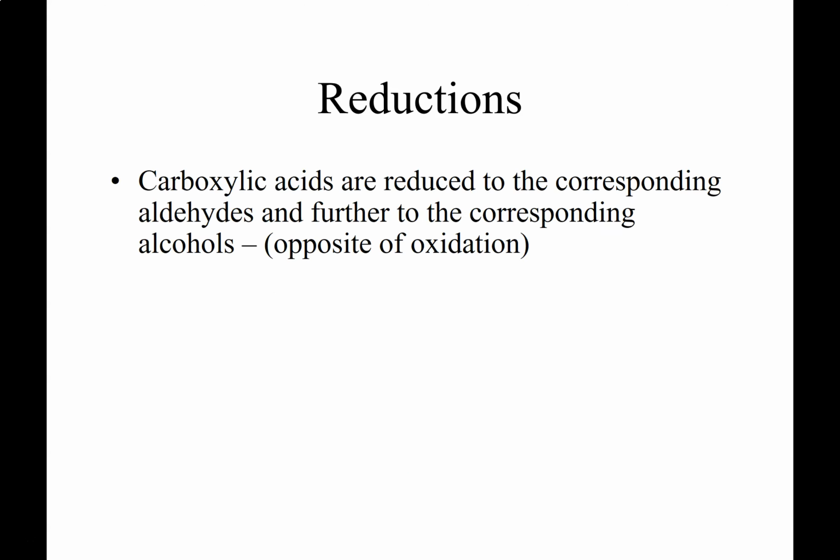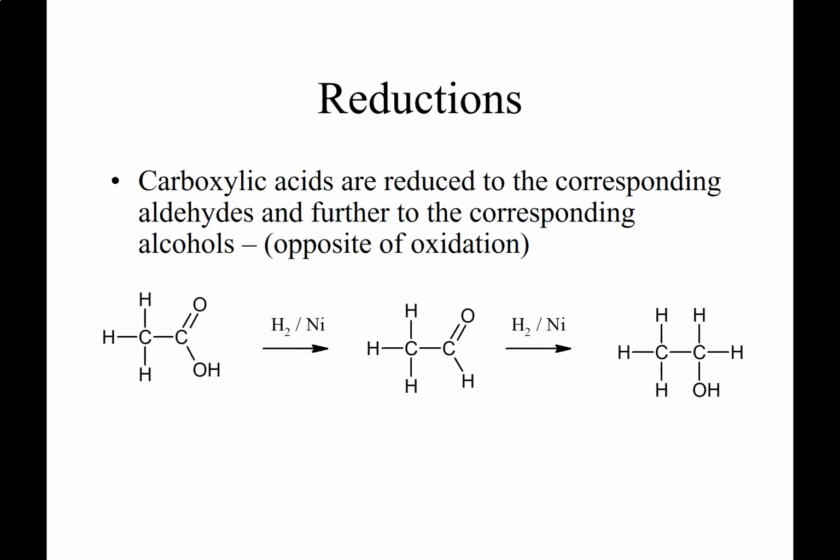If we look at some reductions then, carboxylic acids are reduced to the corresponding aldehydes and further to the corresponding alcohols. So it's just the opposite of what we were looking at the start when we had an alcohol going to an aldehyde, to a carboxylic acid. It happens in the presence of hydrogen gas with the nickel catalyst, and it is just the opposite of what we had at the start.